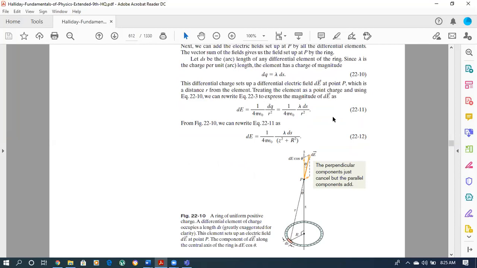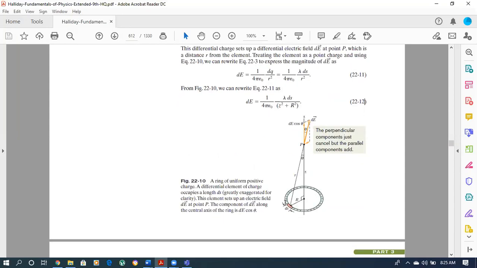Just keep in mind the difference of only charge density, and then how we have to determine what ds is. Because we are taking such a small distance, we take it as the linear length. From this point, the direction of the electric field will be in this direction, dE. So you will draw a perpendicular on this line from the center along the z axis. By using some geometry of this diagram, we can solve this equation.